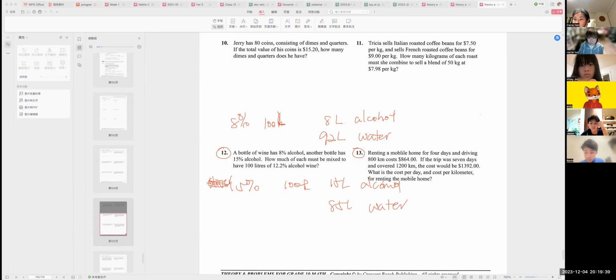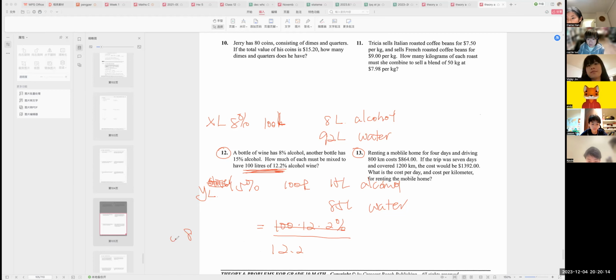How much of each must be mixed to have 100 liters of 12.2% alcohol wine? So we can say we have x liters of 8% and y liters of 15%. All together they make 100 liters, so that means 100 times 12.2%. That is the strength of real alcohol, which is 12.2, correct?